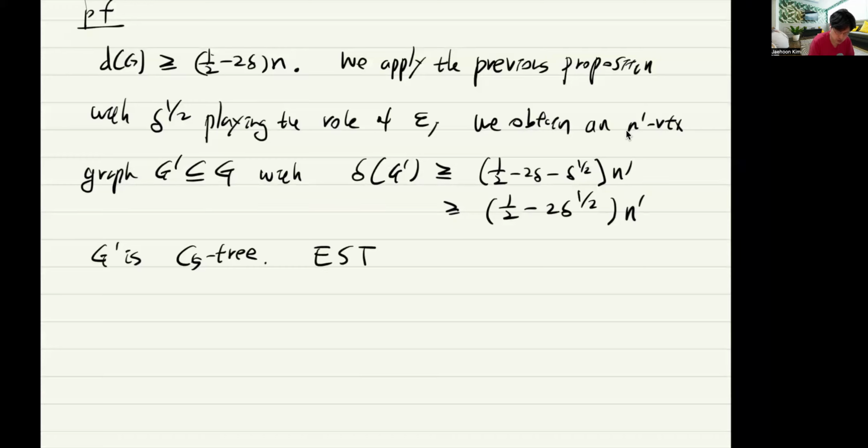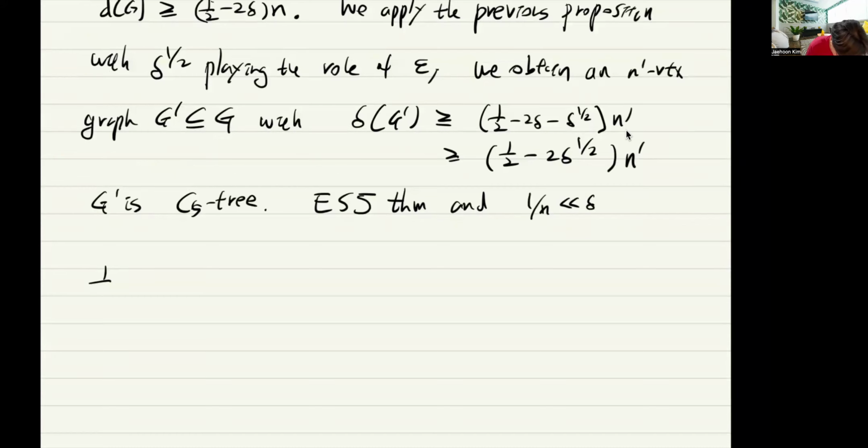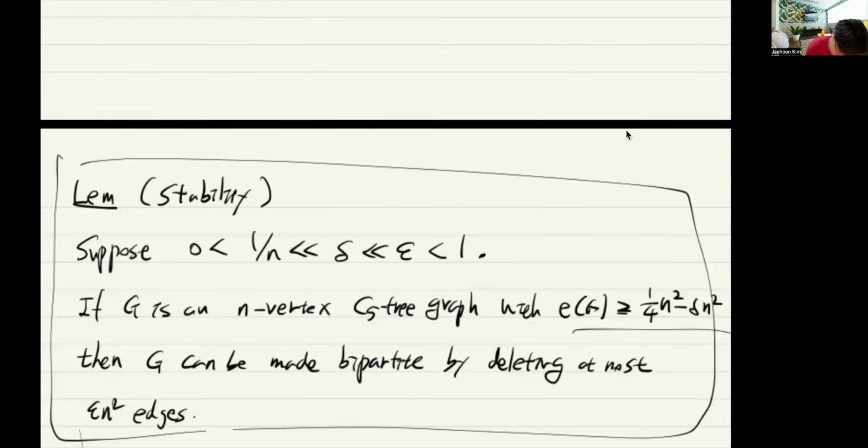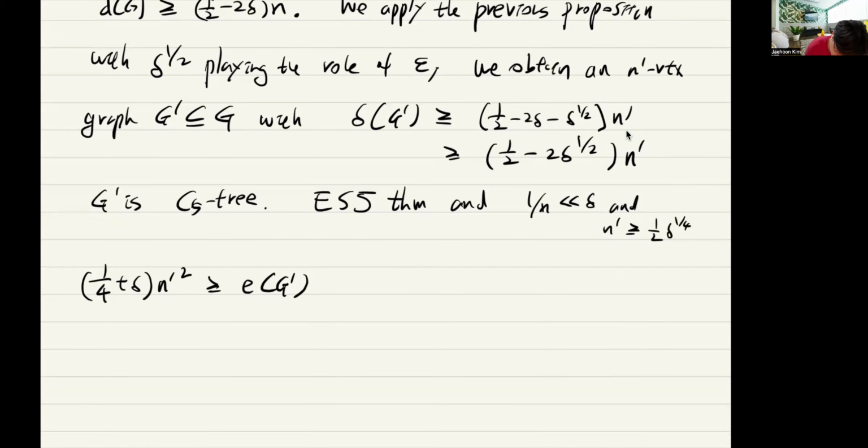Okay, and this G prime is also C5-free. By the Erdős–Simonovits theorem, and the fact that n is sufficiently large, we know that the number of edges in this n prime graph is bigger than half times this, so about quarter n prime square.